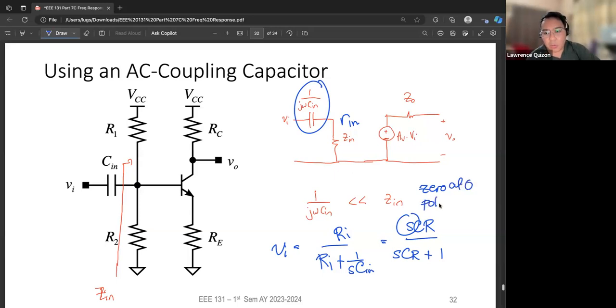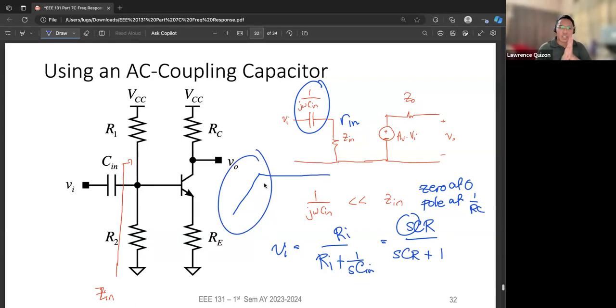We have a pole at 1 over RC. No? So, basically, the input coupling capacitor adds this, no? It adds a minimum frequency at which hindi pa maganda yung gain mo kasi malakas pa yung kinakain ni Cin, no?